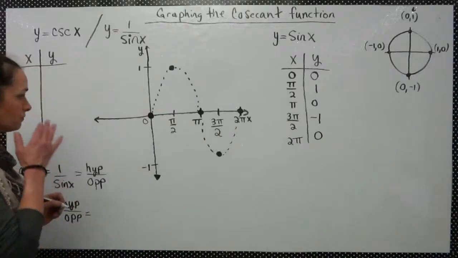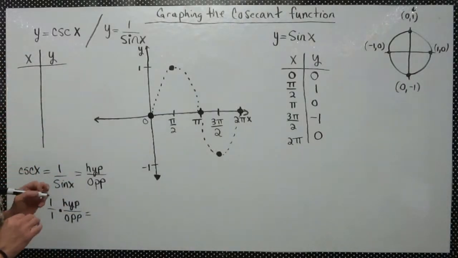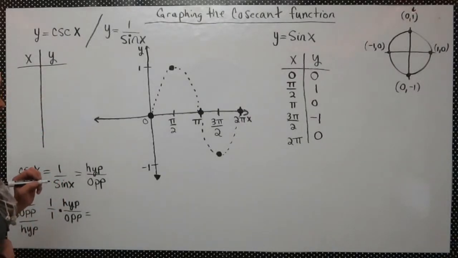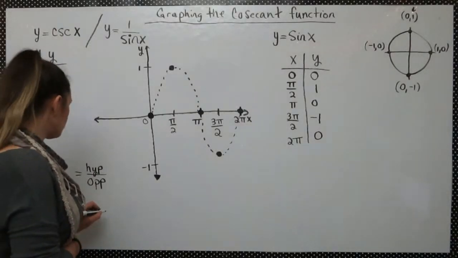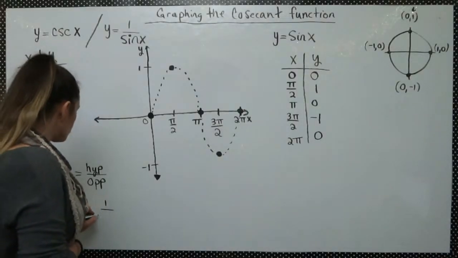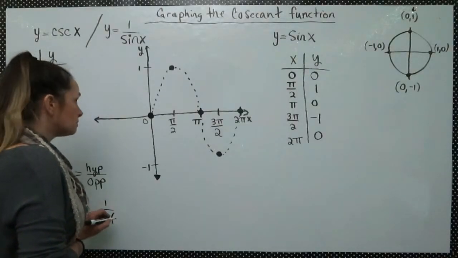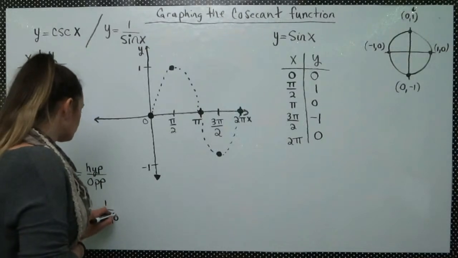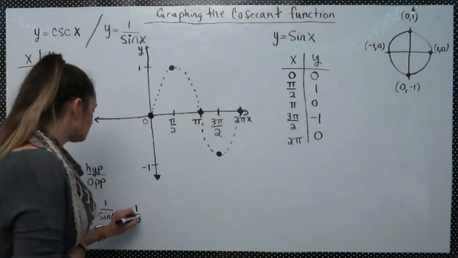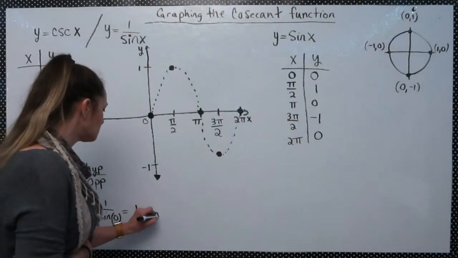And so if we have the sine value, for example, this first value, we have an undefined issue when we have 1 over the sine of 0. 1 over 0 is an undefined value.